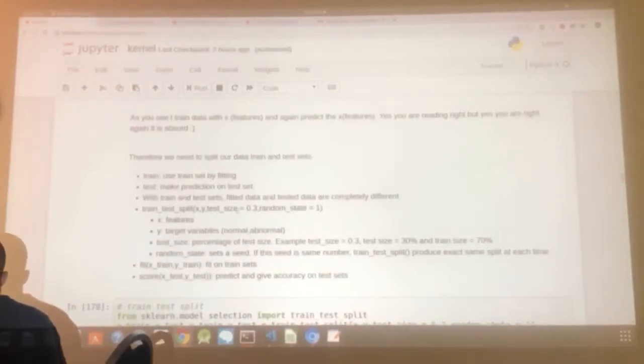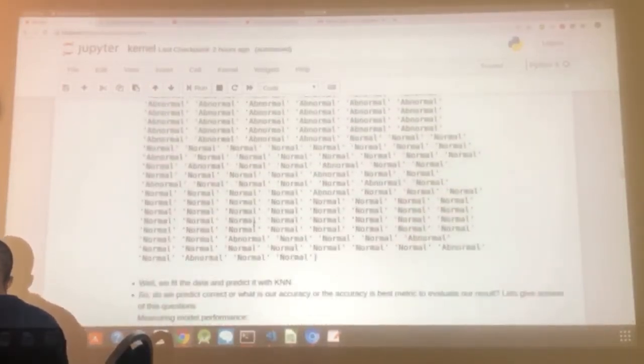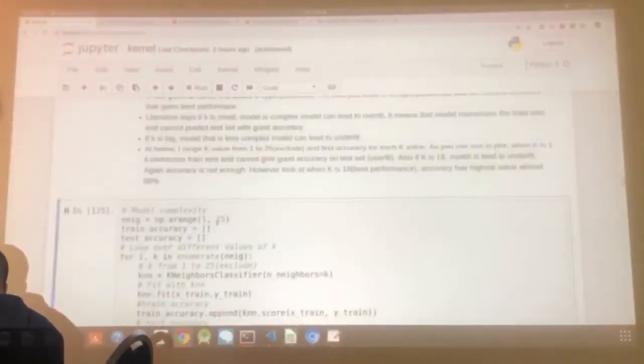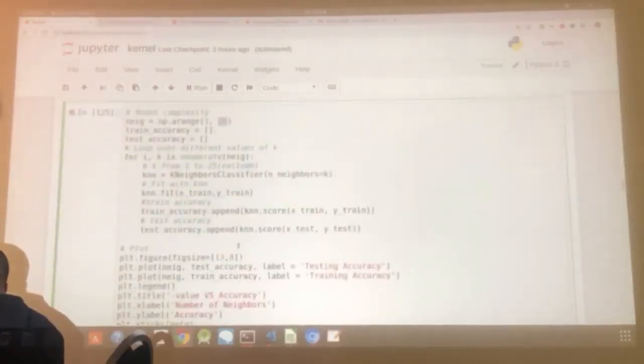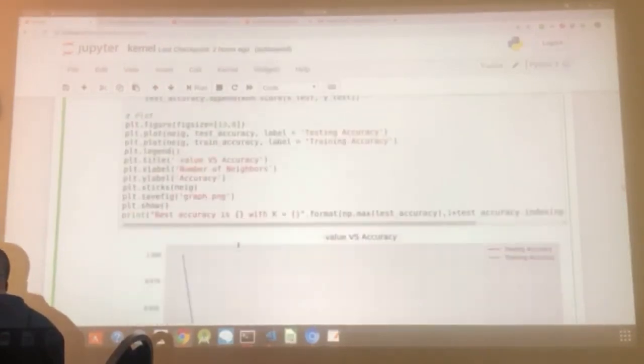Remember how many values do we have? It's 310, right? Your data set could be thousands and thousands, so you just need to get the idea. We just chose the first 25. We could have made it 50, up to less than the number of points we have in the data set.